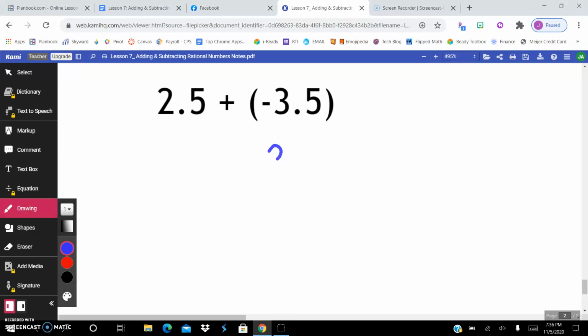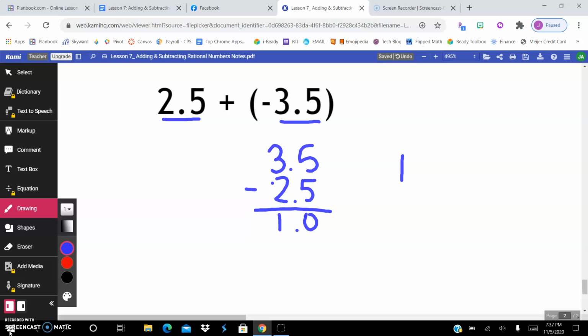So I would do 3.5 minus 2.5 and make sure that you line your decimals up. So 5 minus 5 is 0. Bring your decimal down. 3 minus 2 is 1. And so I have 1.0, which is really 1. And then go back and look. Is 2.5 or 3.5 the bigger number? 3.5 is the bigger number. And what is its sign? It's negative. So our answer would be negative.